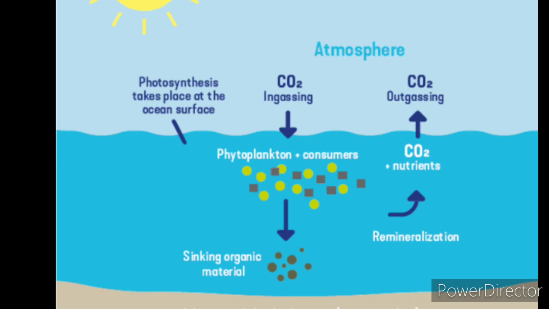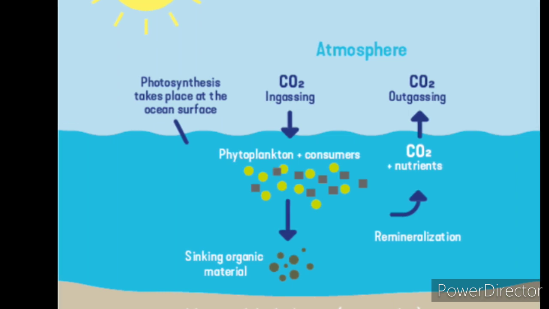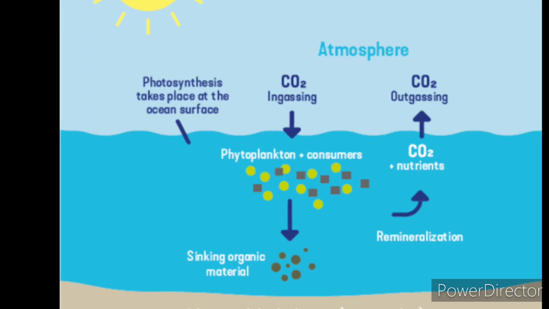Unlike a terrestrial ecosystem, in a marine ecosystem there is a vast amount of phytoplankton present in the ocean compared to the subsequent trophic levels.